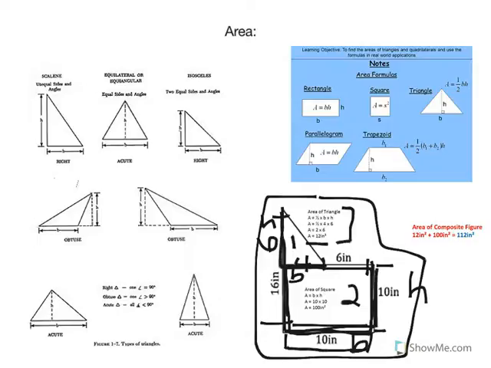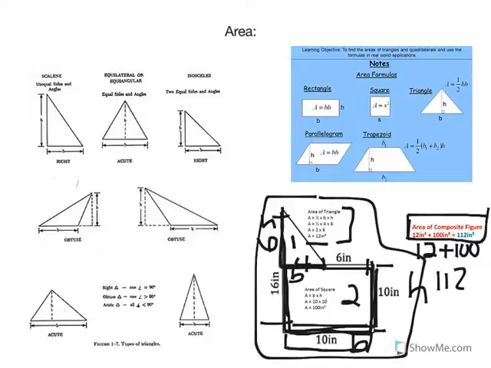So the total composite area of this figure, it would be 12 plus 100, because that's 10 times 10, which gets you 112. This is shown right here.